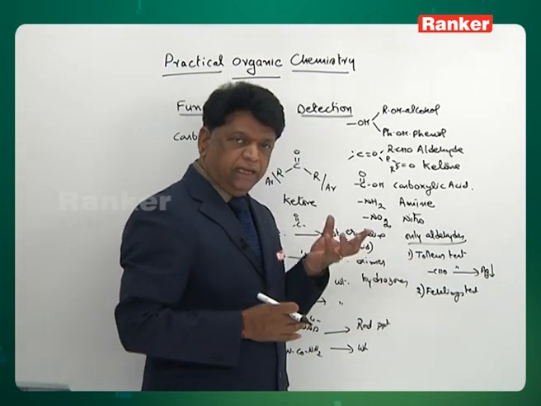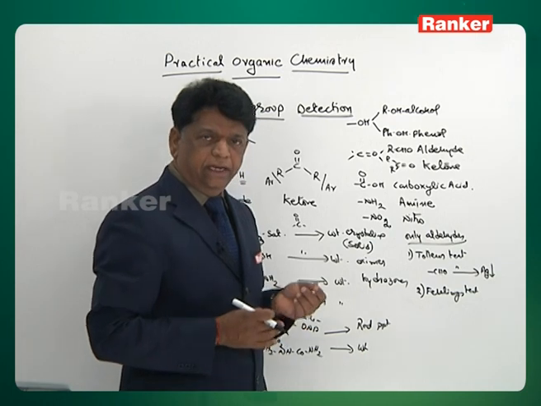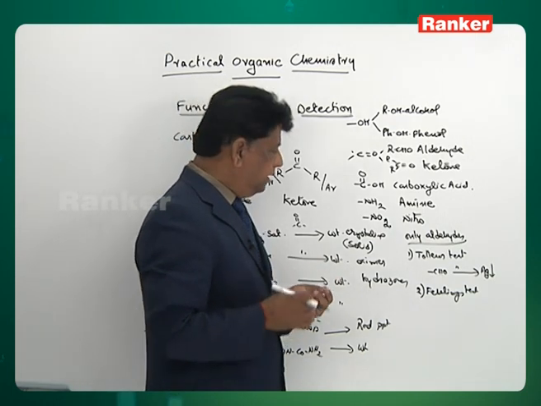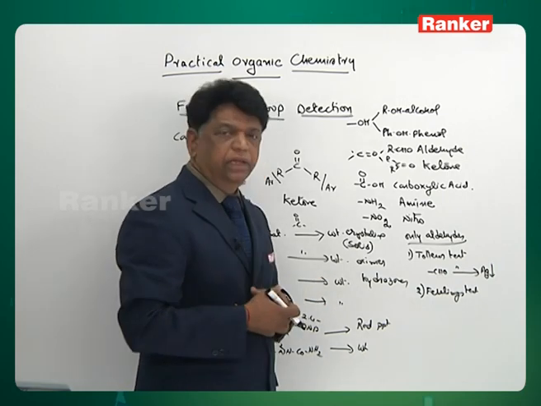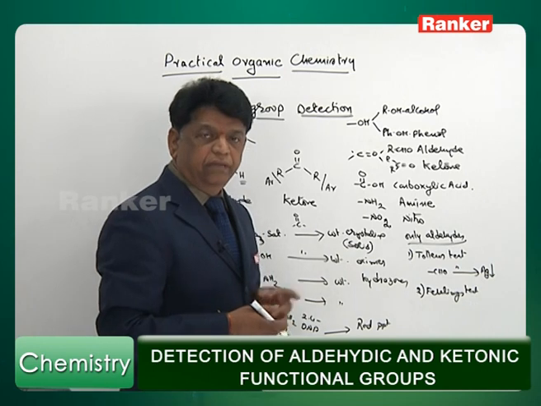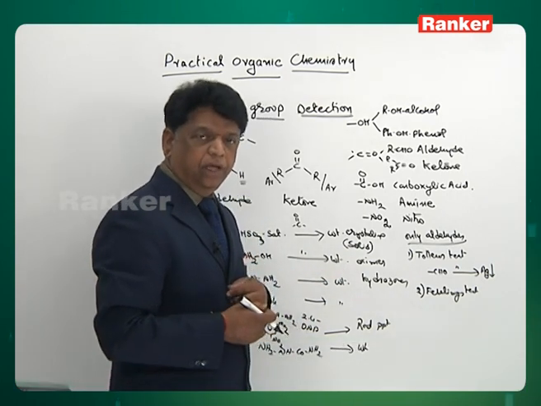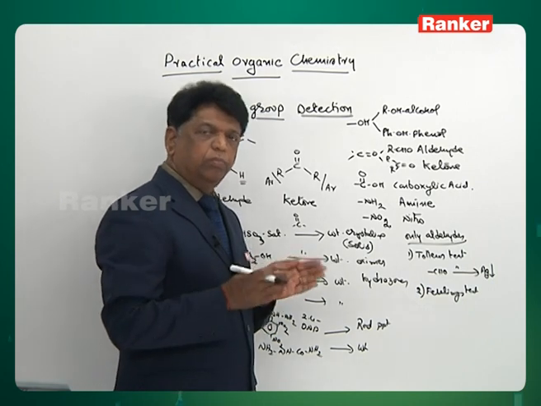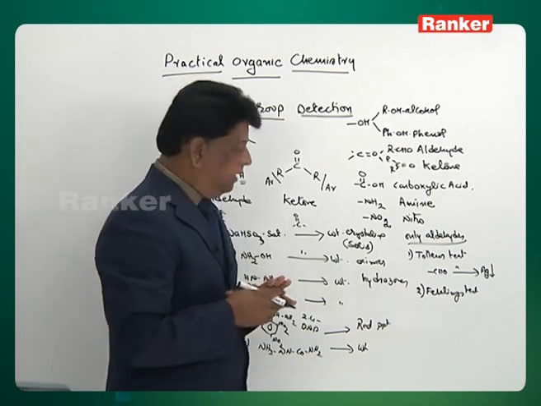Tollens reagent: take silver nitrate, add a few drops of sodium hydroxide, get a precipitate of mud color, then add excess ammonium hydroxide, and the clear solution is known as Tollens. Similarly, Fehling A is copper sulfate, a blue colored solution, Fehling B is sodium potassium tartrate in alkaline medium, you mix A and B, then Fehling reagent is ready.